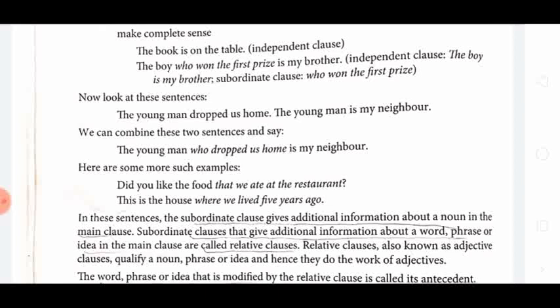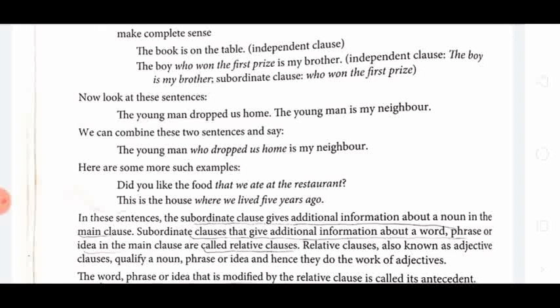Here are some more such examples. Did you like the food that we ate at the restaurant? Two sentences: one is the main clause, another is the subordinate clause. So in these sentences, the subordinate clause gives us additional information about a noun in the main clause. That we ate at the restaurant gives additional information about the food, the particular food that we ate at the restaurant.